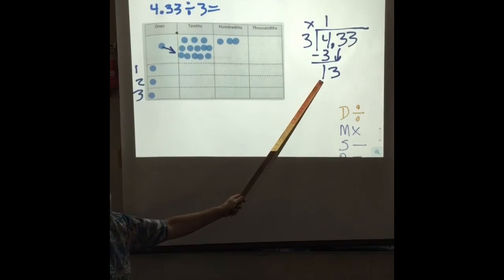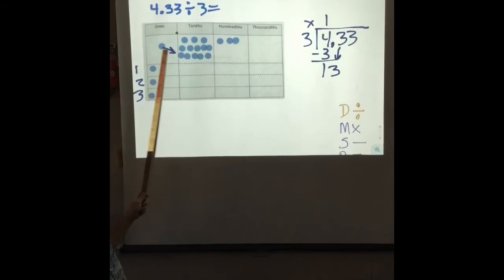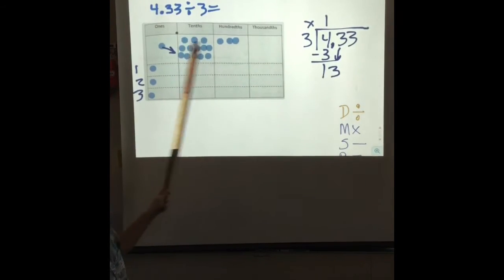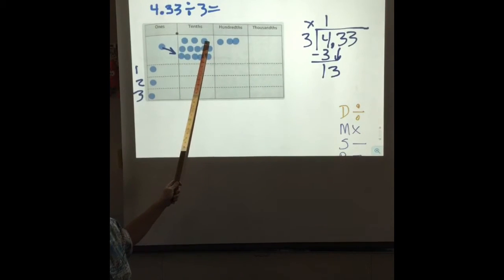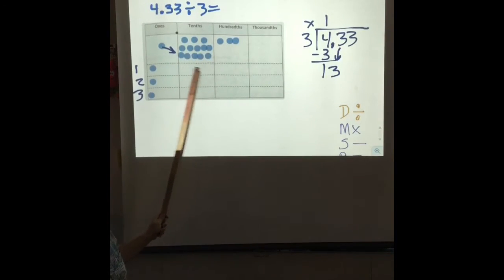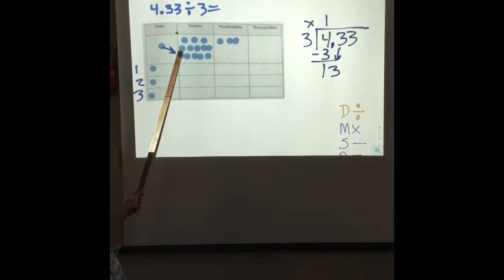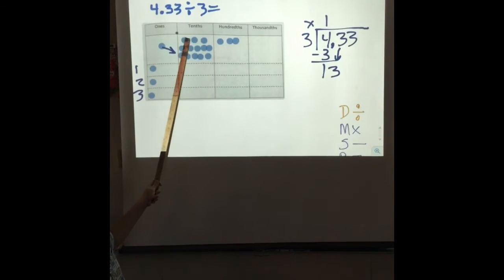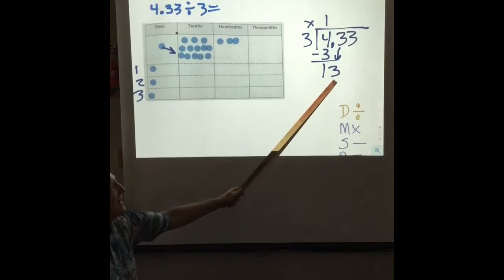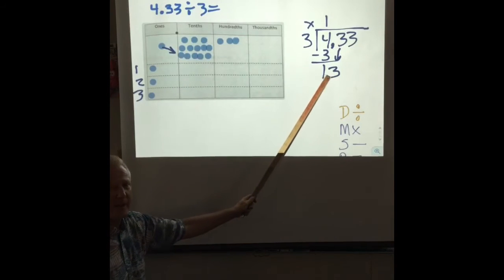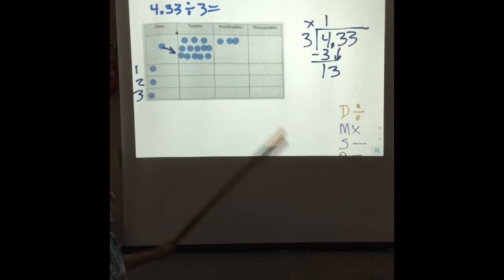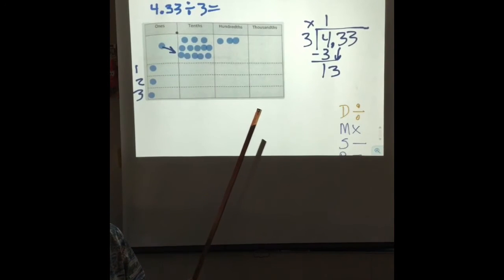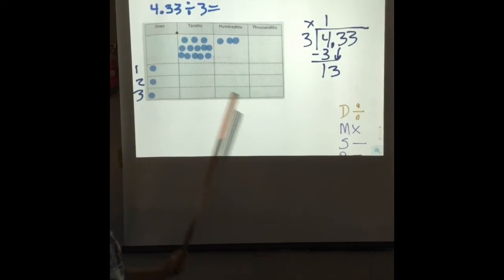See the 1 right there? That's the 10. Get it? And then I had the 3 up there to begin with, right? So now I have how many dots? 10, 11, 12, 13. That's how I have my 13 right there. Does that make sense? So I'm going to take that guy away over here.